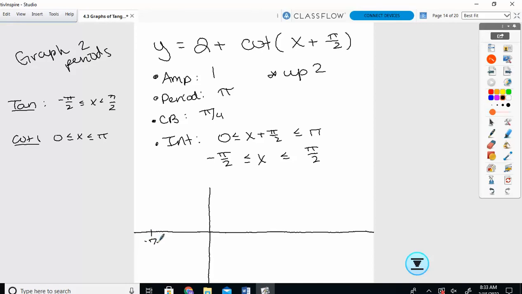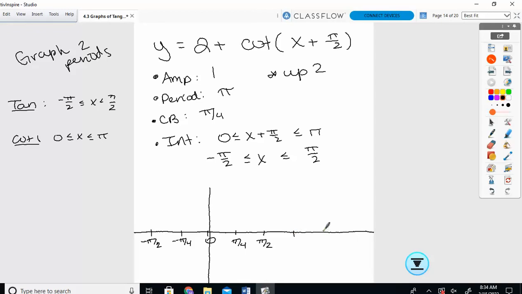So, my first point is at negative pi over 2. Counting by pi over 4, plus pi over 4 is negative pi over 4. Plus pi over 4 is 0. Pi over 4.